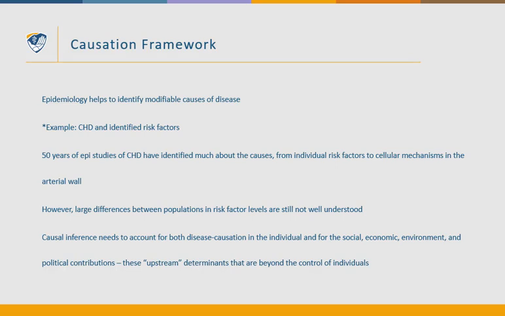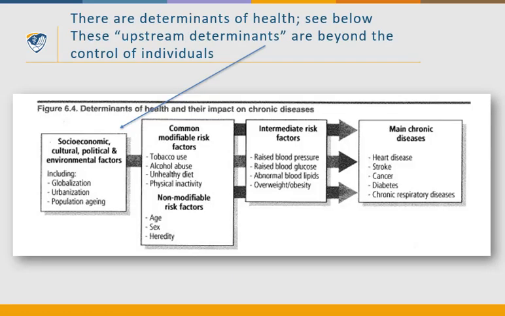Large differences between populations and risk factor levels are still not well understood. Causal inference needs to account for both disease causation in the individual and for the social, economic, environmental, and political contributions, these upstream determinants that are beyond the control of individuals. So these upstream determinants of health, you see these below, they're beyond the control of individuals.